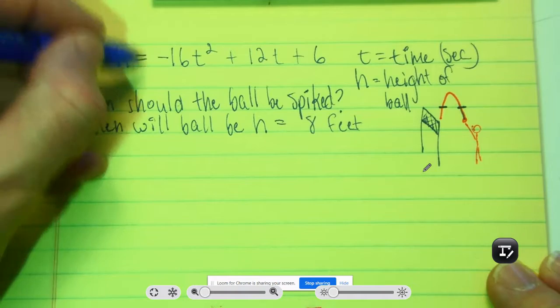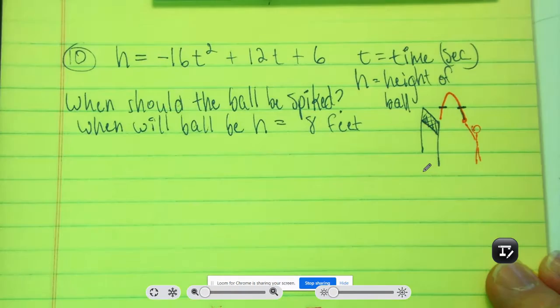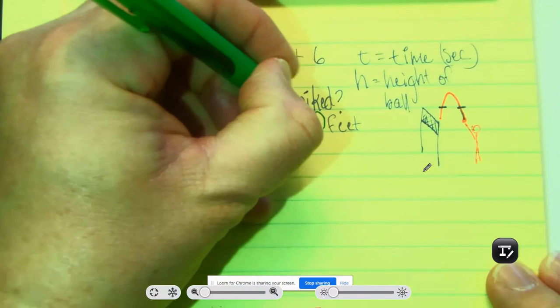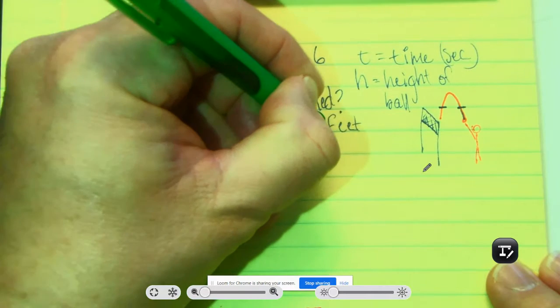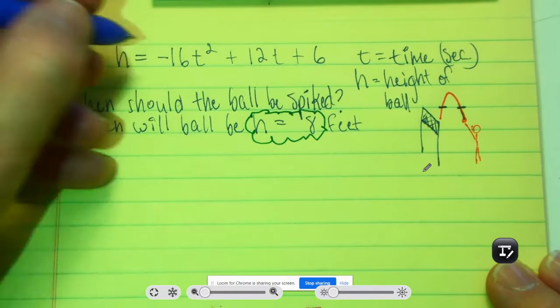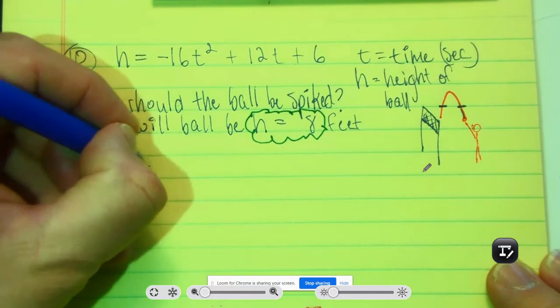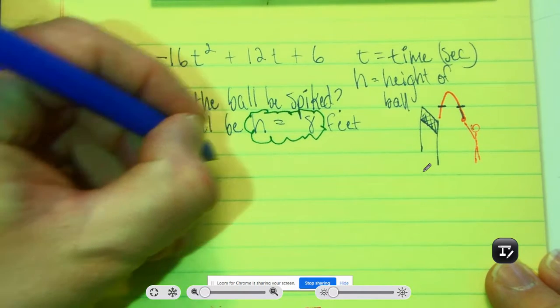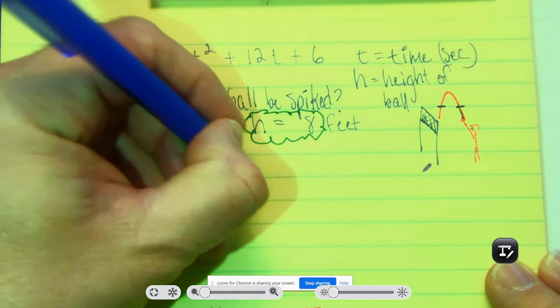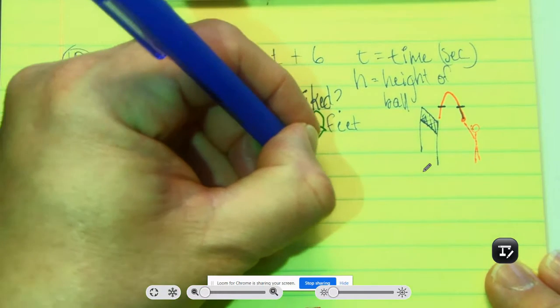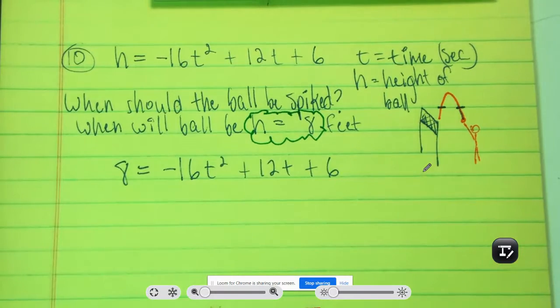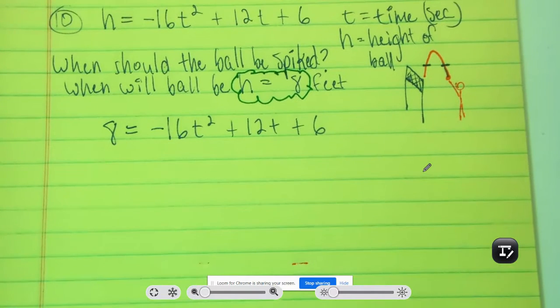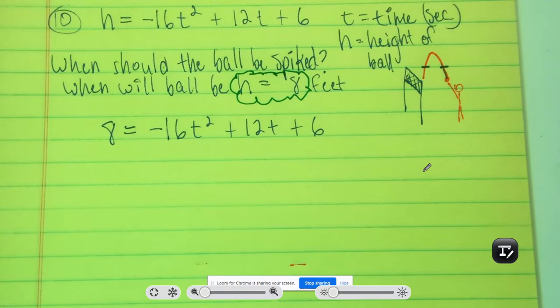So I'm going to take this value that I want to know when it is that h is equal to 8, and I'm going to plug that in for h. So 8 equals negative 16t squared plus 12t plus 6. What I want to do then is solve that quadratic equation using everything I know.